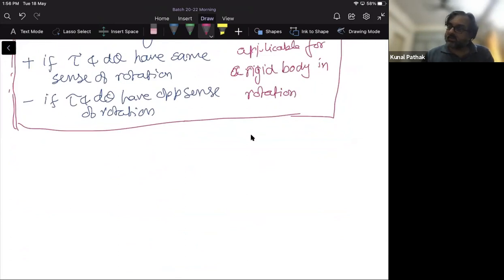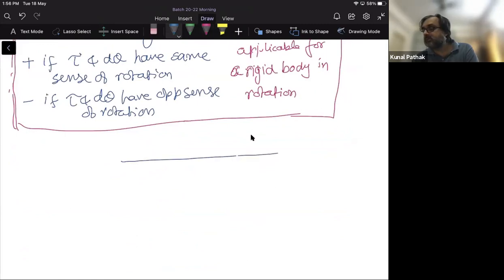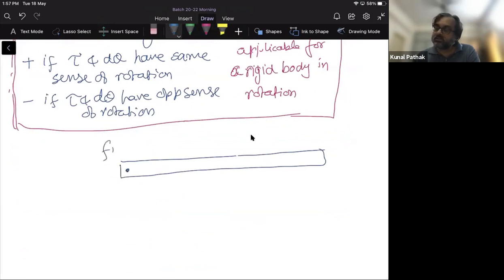So let's say that we have a rod of mass m and length l, and what we have done is we have fixed one end of the rod. This end we have fixed like this. The rod is free to rotate. Okay. The rod is free to rotate.